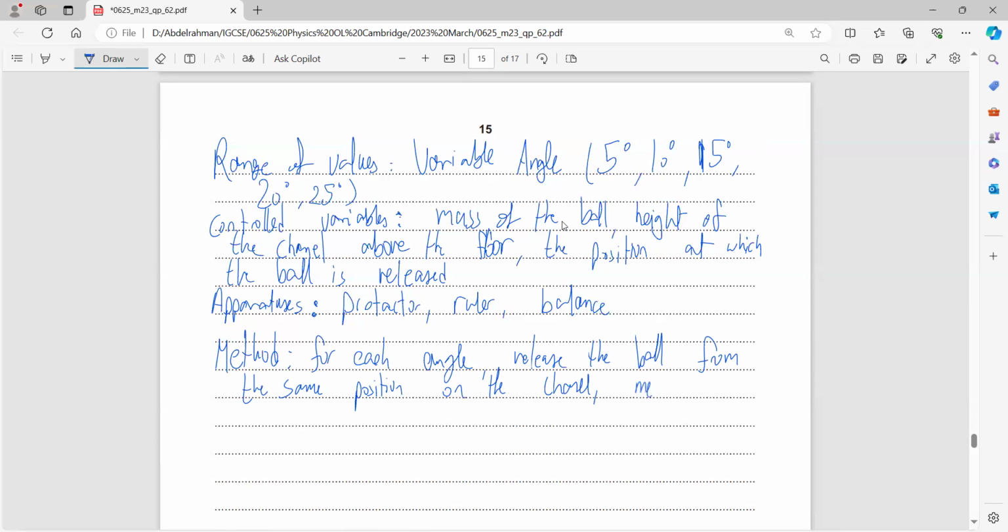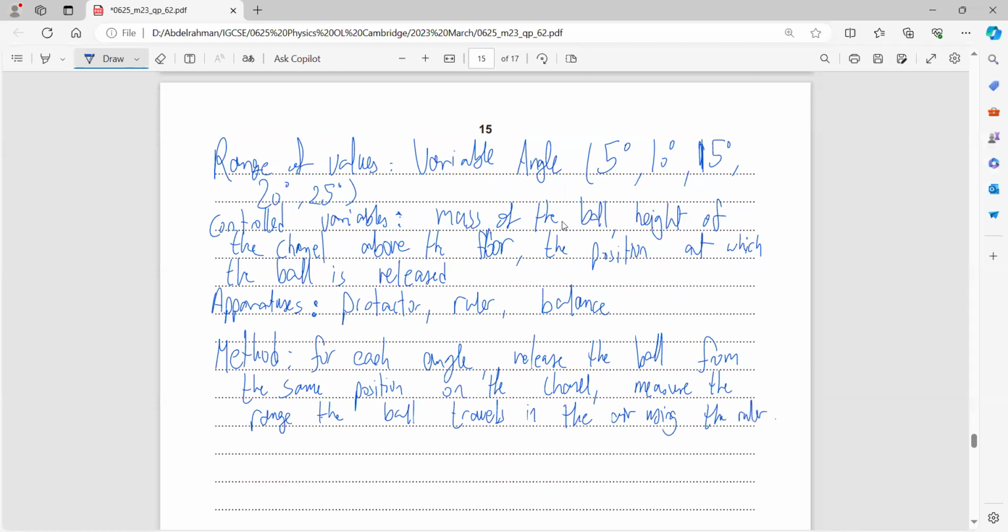Measure the range the ball travels in the air using the ruler. That's it.